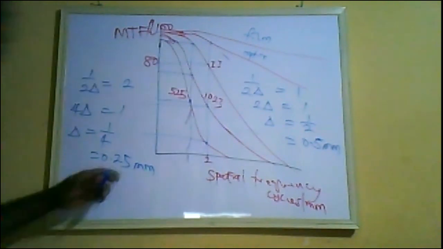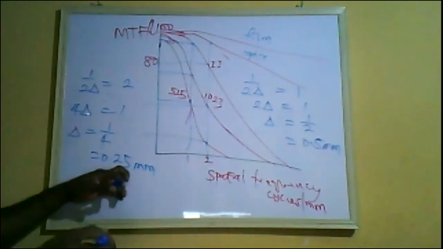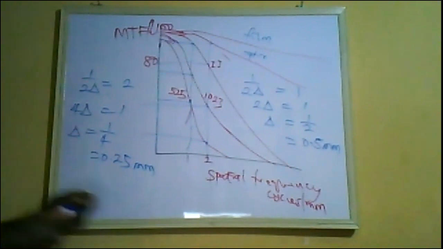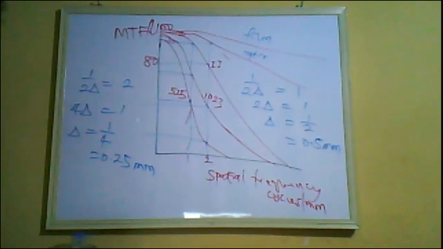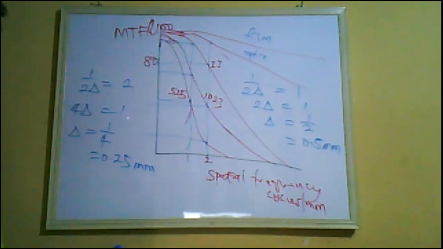So an object which is 0.25 requires a system with a particular spatial resolution. It places so much of a burden on that system in terms of spatial resolution.